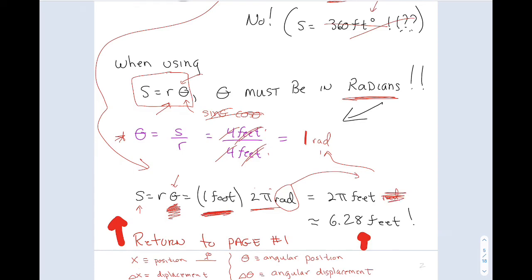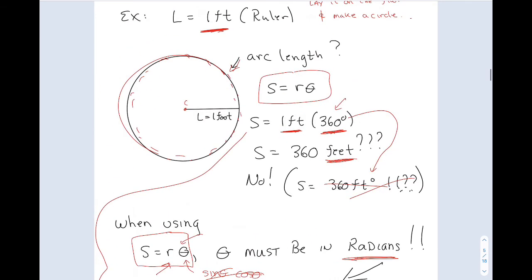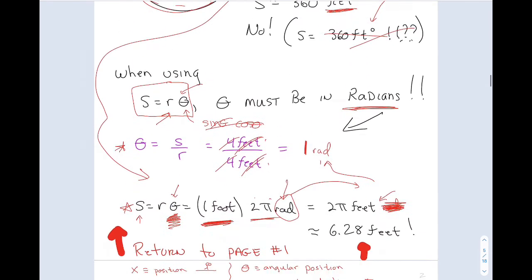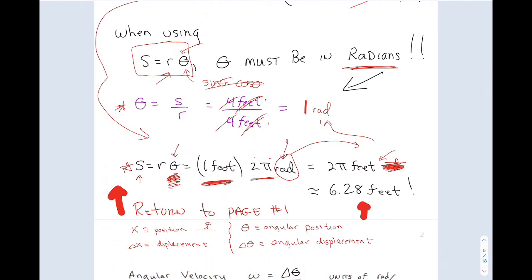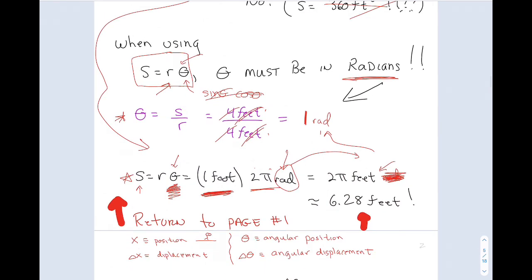That doesn't make any sense. So that's what's weird: the radian is a dimensionless unit. It's right there, but when you write your answer, you don't put the word radian because you know s is a distance. And in a calculator, 2 pi is about 6.28 feet, and that makes sense. That circle is definitely not 360 feet, but it is about 6.3 feet.